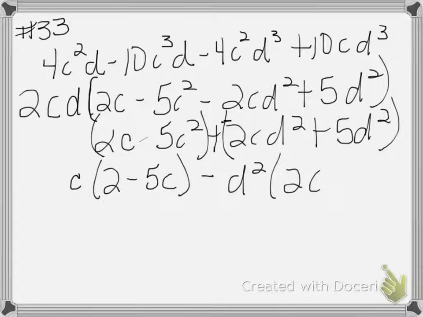Oh, I forgot my c up here. All right, I apologize. I messed up right here. That should be a 4. So then that's going to be a c to the third. So that'll be c squared.